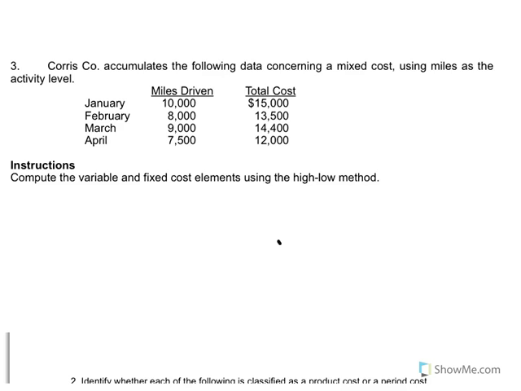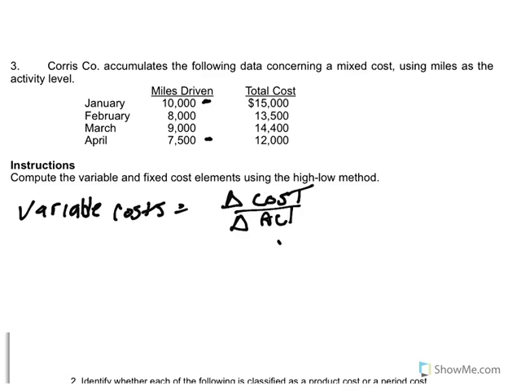3. Chorus Company accumulates the following data concerning a mixed cost, using miles as the activity level. So we want the highest activity, which is January, and the lowest activity, and we want the cost. So the variable cost is equal to the change in cost over the change in activity.